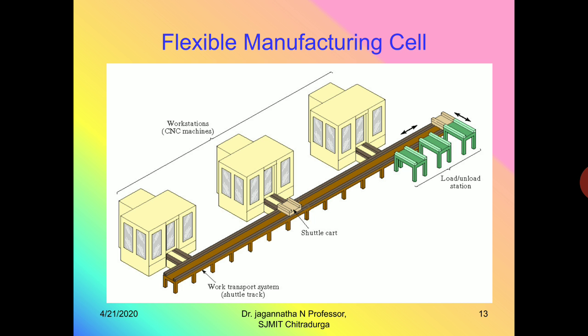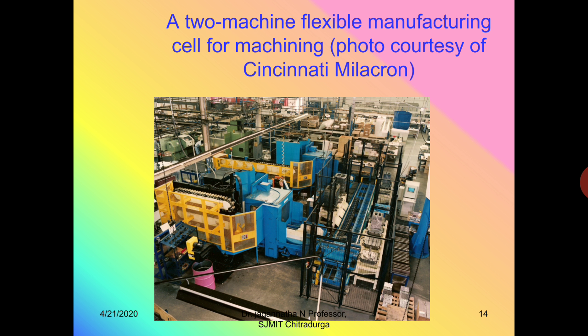Another type of flexible manufacturing system: let us see one with three workstations, where the material handling system moves three workpieces simultaneously in front of three machines. After completion, another three workpieces come in, and this can take place automatically or by a manual handling system.